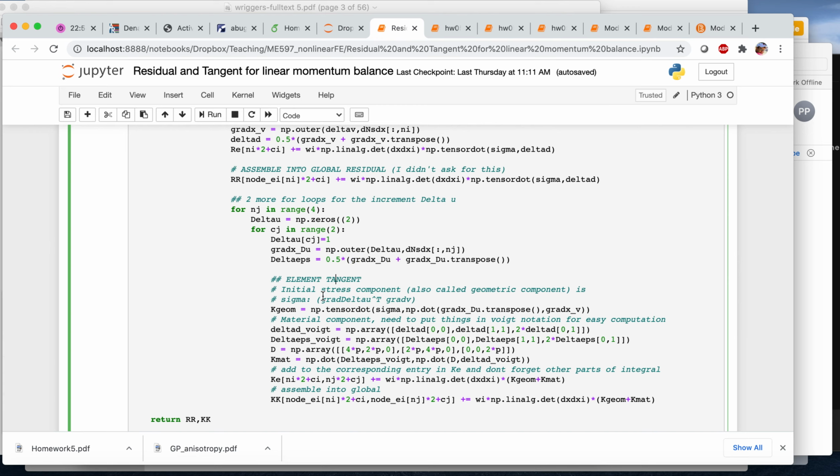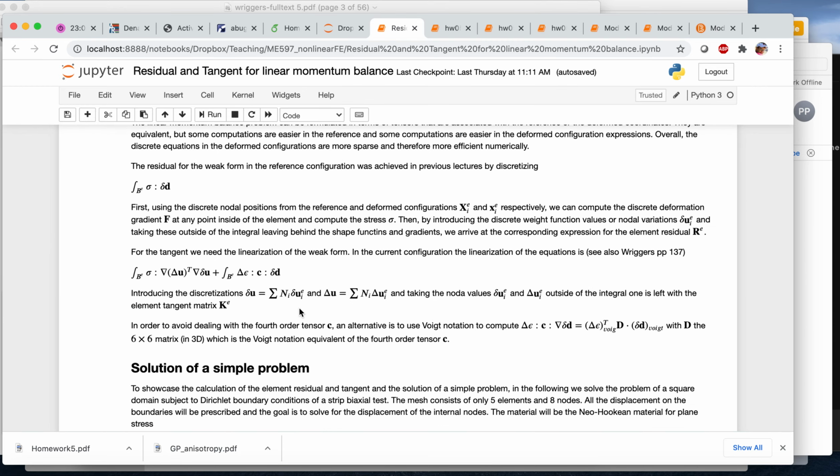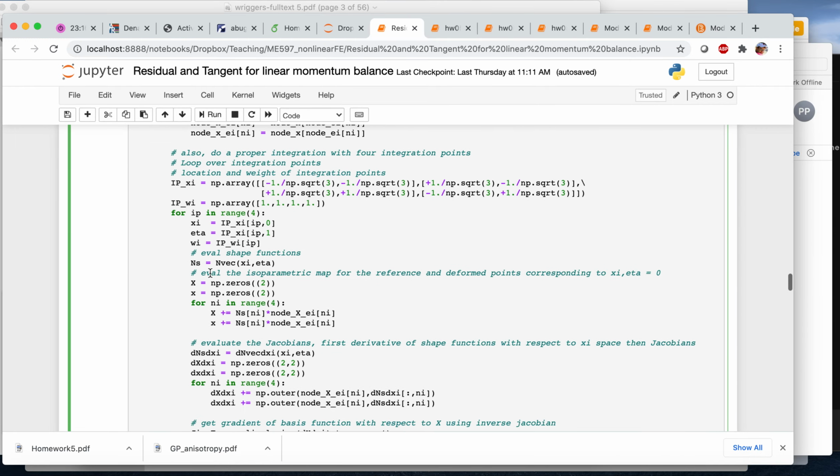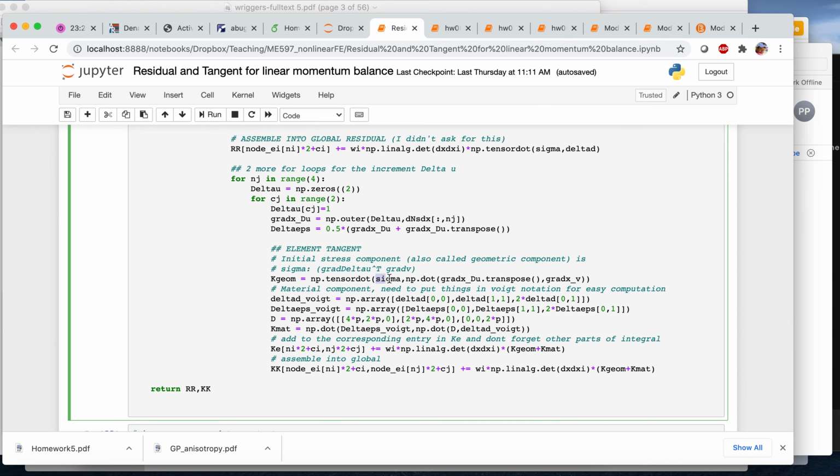And then the tangent has 2 parts. If you scroll back to the definition, one part is the stress contracted with the transpose of the gradient of the increment times the gradient of the variation. This is the geometric tangent.